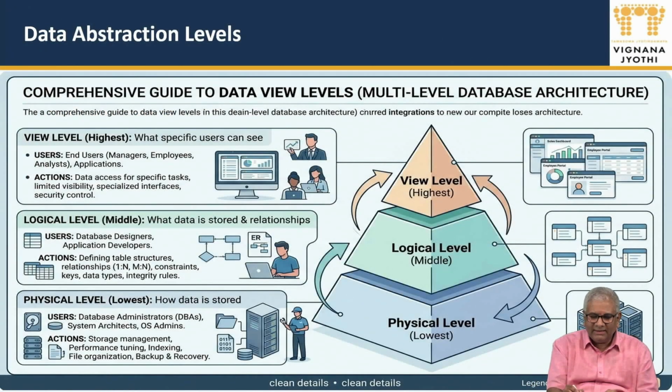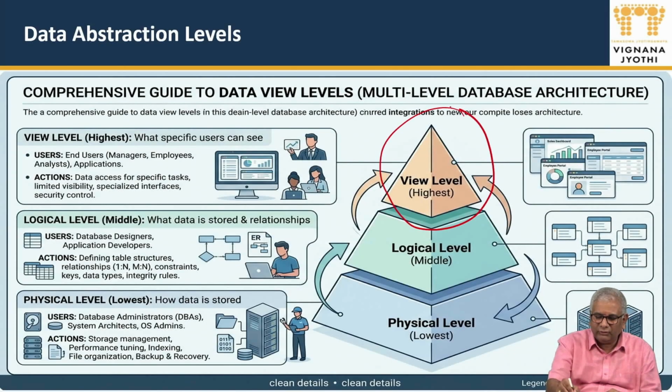Even though I mentioned the levels from the low level in the previous slide, it's better to start from the view level, the highest level. The users at this level are managers, employees, analysts, and application users. For them, the UI, the user interface, is the database.